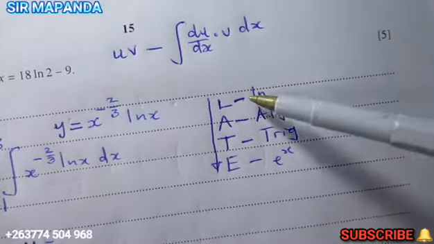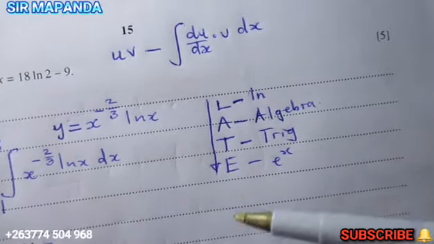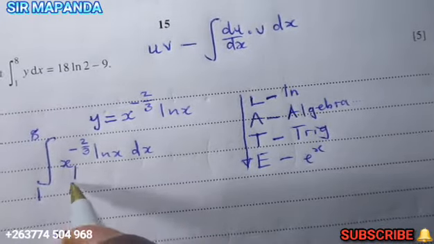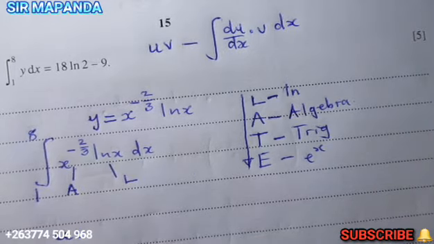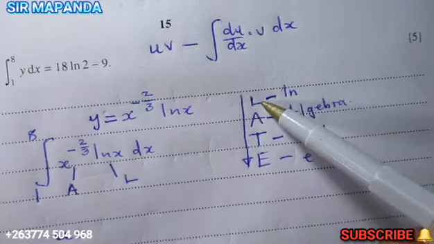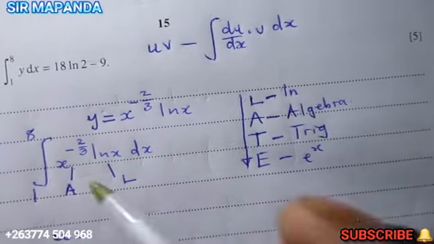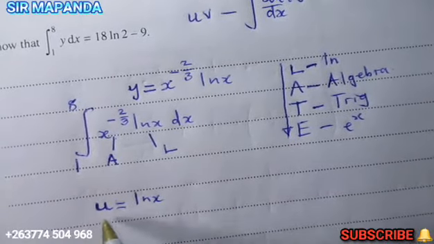So the first function in this order of LATE is going to represent our u. In our question, we have the algebraic side and the log side. On our LATE formula, L has got the first preference. So it means ln x is going to represent our u.